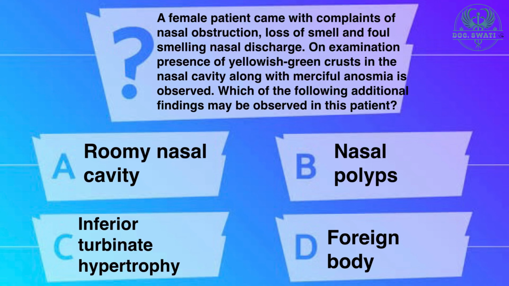Which of the following additional findings may be observed in the patient? Option A, roomy nasal cavity. Option B, nasal polyps. Option C, inferior turbinate hypertrophy. Or option D, foreign body. So which option is correct according to you? Well, yes, option A, roomy nasal cavity is the correct answer.